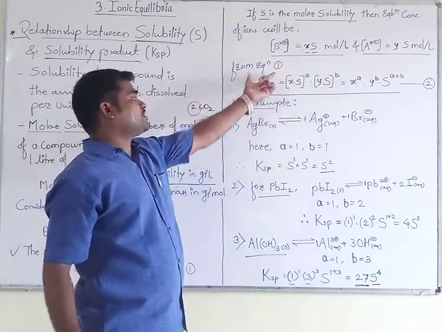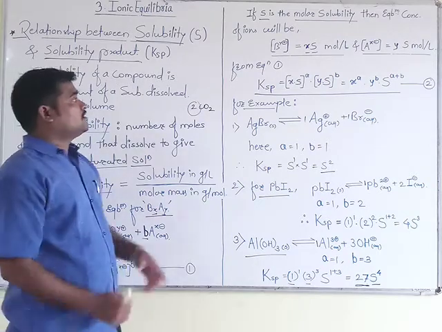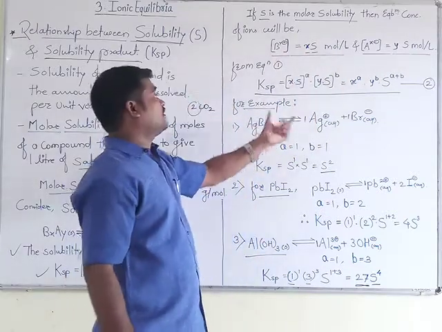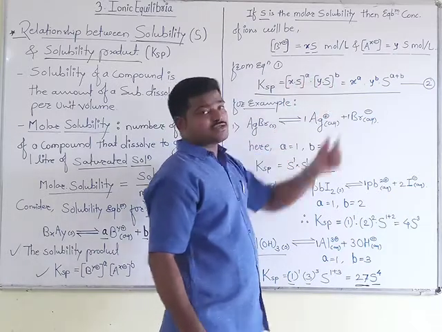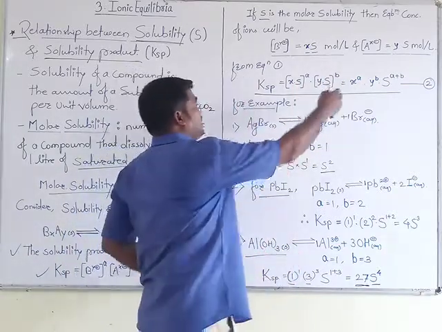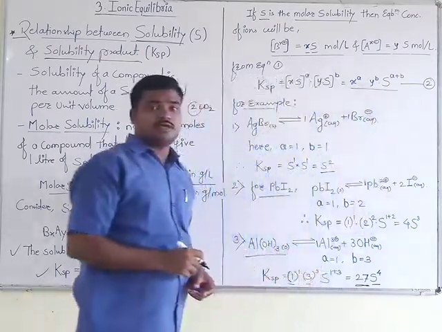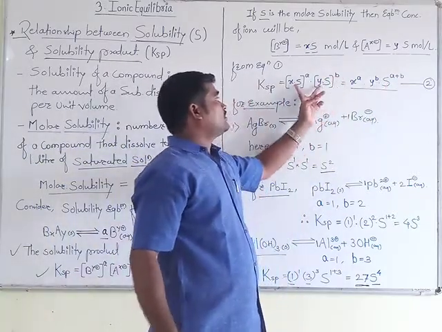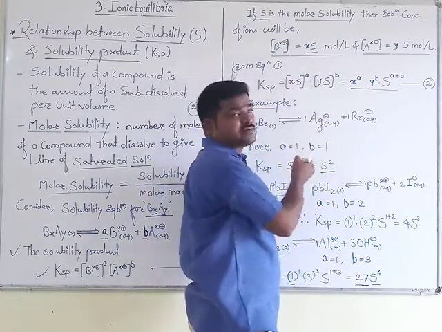Now from equation 1, on substituting these two values in that previous equation, we are getting (xS)^a and (yS)^b. On simplification, we get x^a into y^b, and what we did here is we have applied these powers inside the bracket.